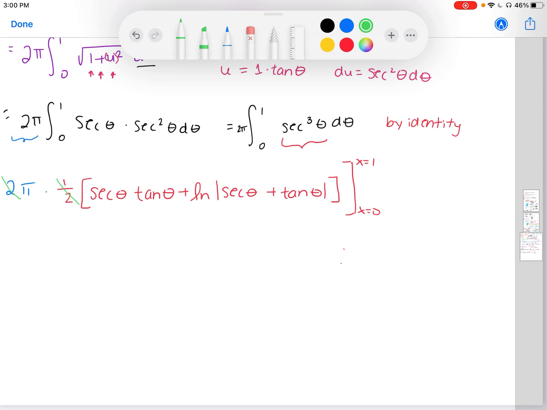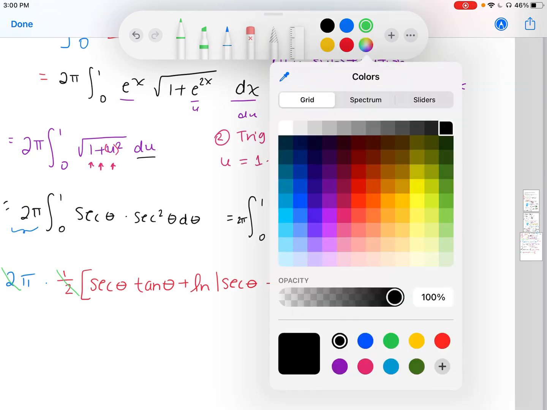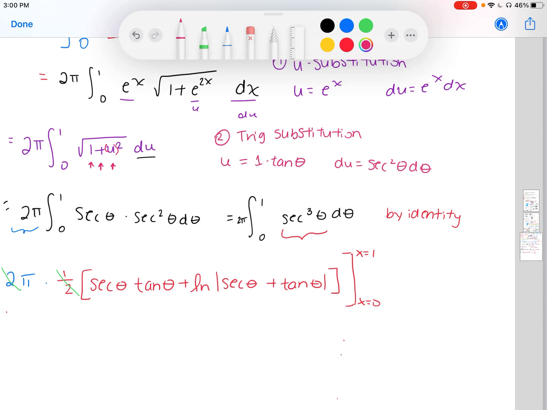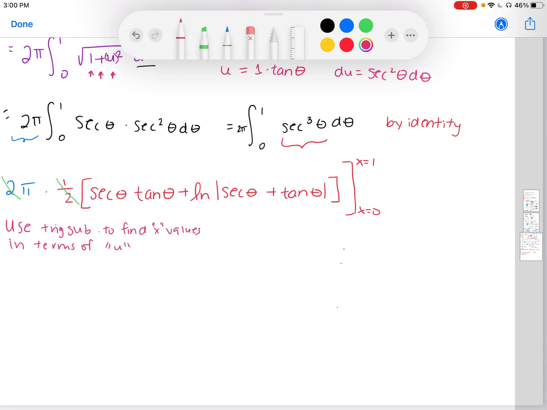Okay, let's work backwards. Our second to last step was trig sub, so let's use trig sub to find the values in terms of u. By trig substitution, we said u is equal to tangent theta. So let's draw a triangle, because we also need to find secant, right?